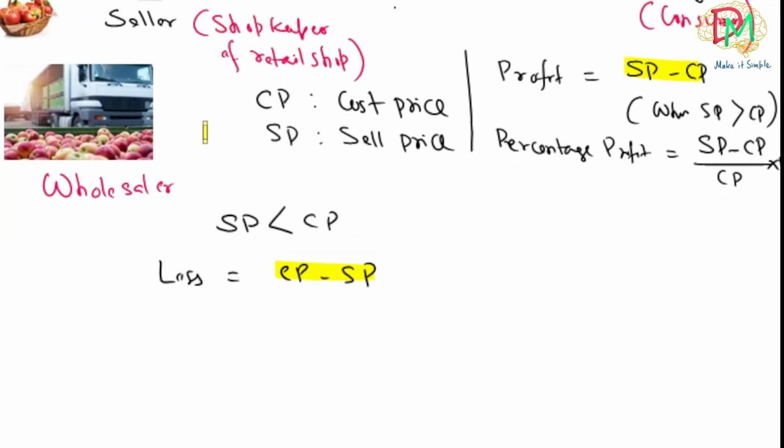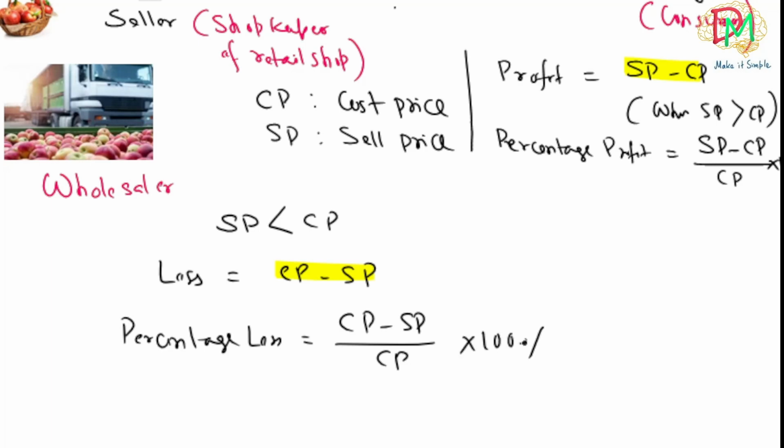Percentage loss is equal to CP minus SP by CP into 100%.